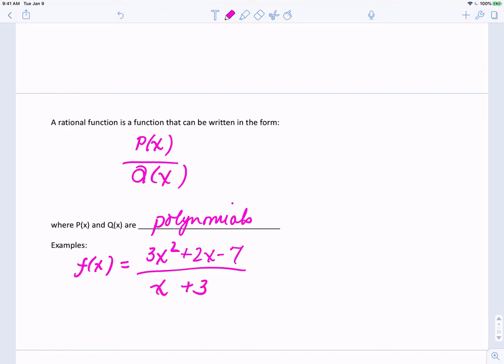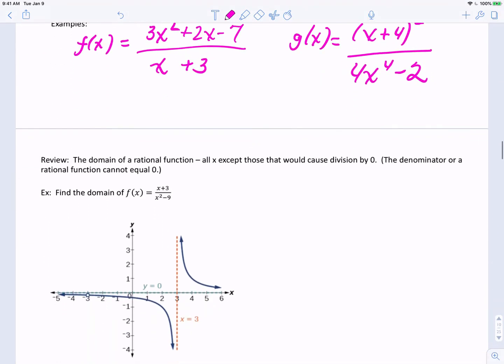And g of x equals (x plus 4) squared over 4x to the fourth minus 2. It's just a fraction where the numerator and denominator are both polynomials.